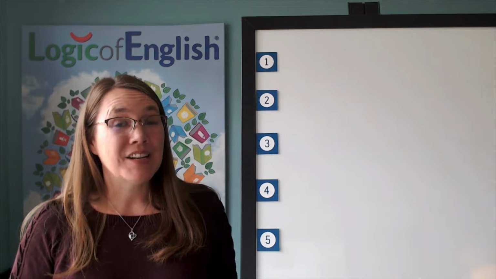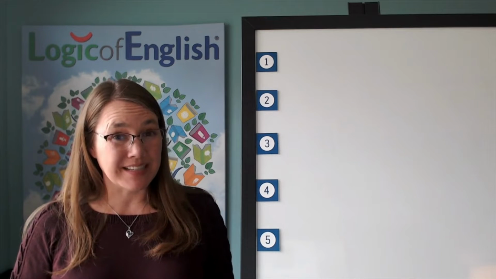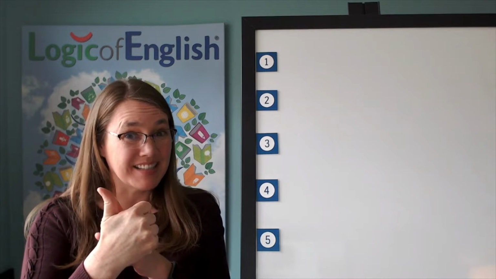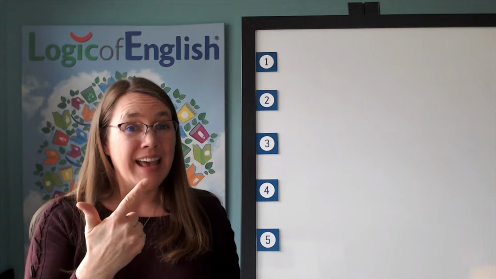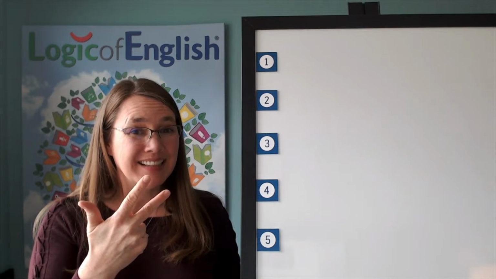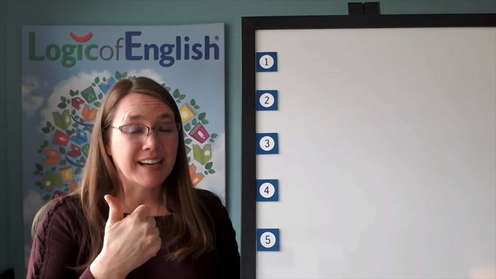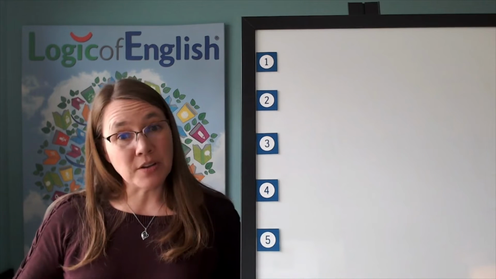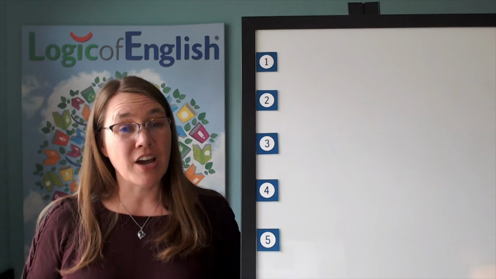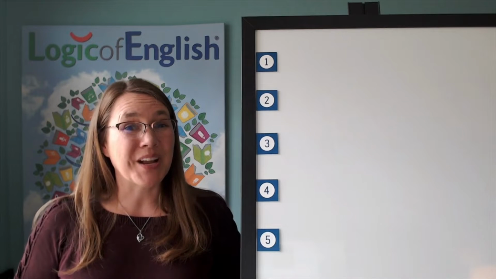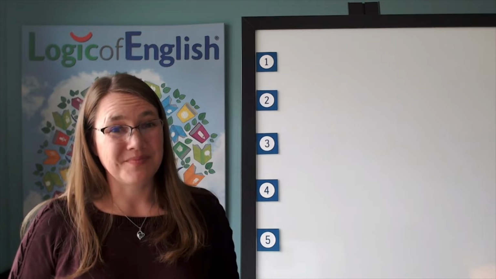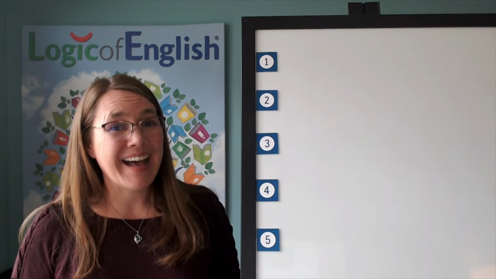Very good. Now we want to sound it out together. Cat. K. This is a k, the phonogram you learned. A, t. Let's sound it out again. K, a, t. Good. Now go ahead and take your tiles or your marker, and as you sound it out, write it. K, a, t.